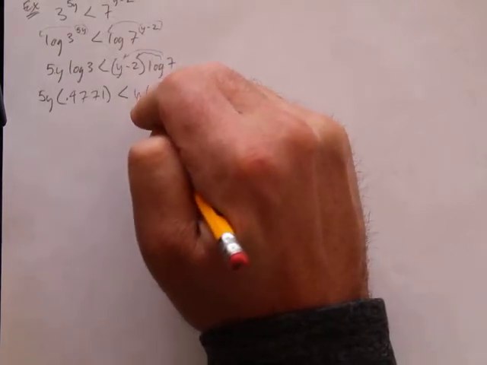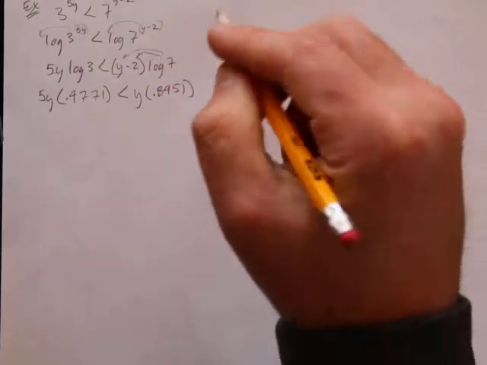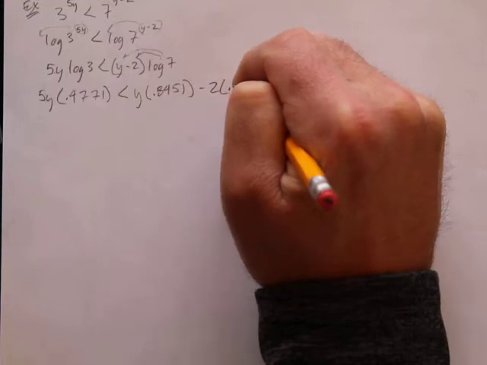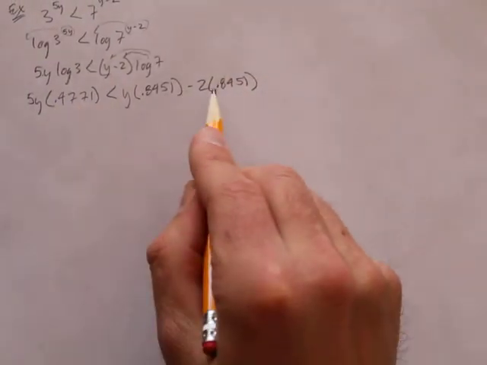So I'm going to distribute this here. Y times 0.8451 minus 2 times 0.8451. Kind of gross, but it's all right. Now I need to multiply these things.